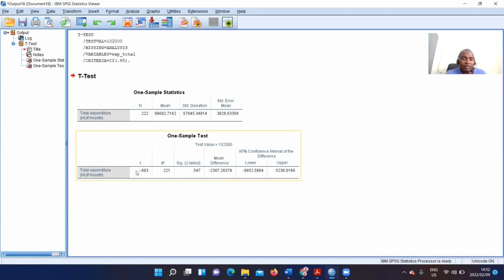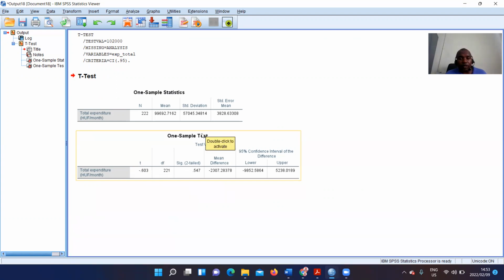We discover that the student T statistic is minus 0.603. The degrees of freedom are still the same at 221, but the probability value is now 54.7% or 0.547, which is higher than 5%.